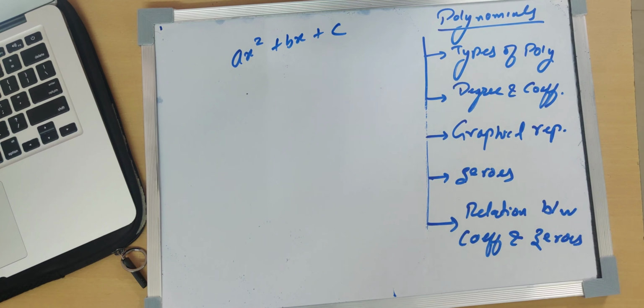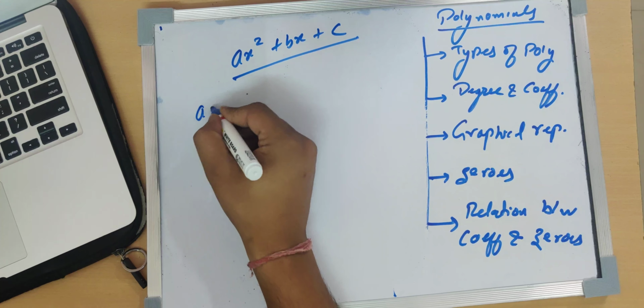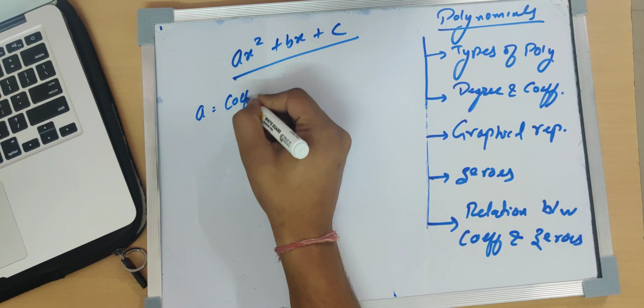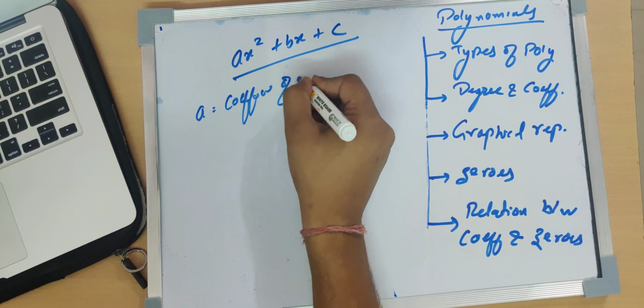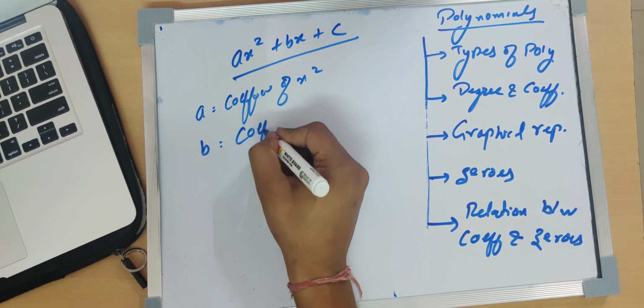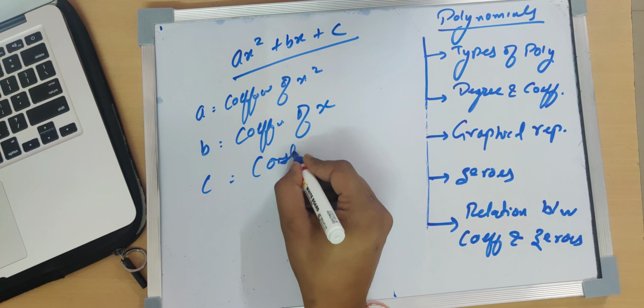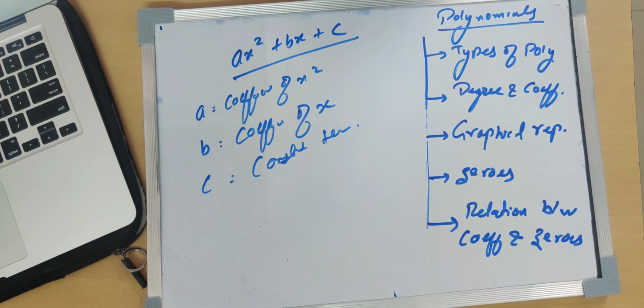The general form of a quadratic polynomial always looks like this, where a is the coefficient of x square, b is the coefficient of x, and c is the constant term, right?